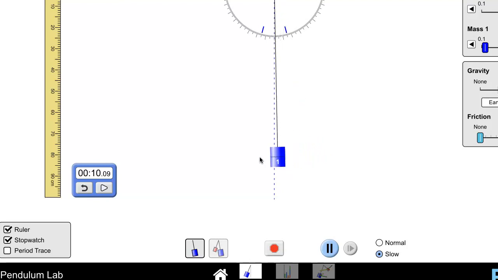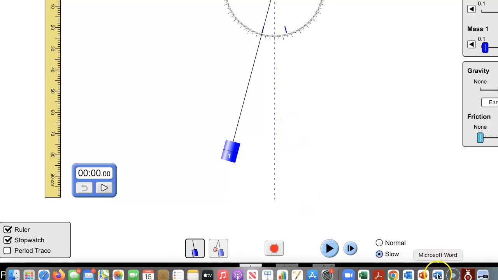Then I'm going to wait till it comes to the side again, and this is 2. And of course you are going to use either this stopwatch or your own stopwatch. This is really the first task.